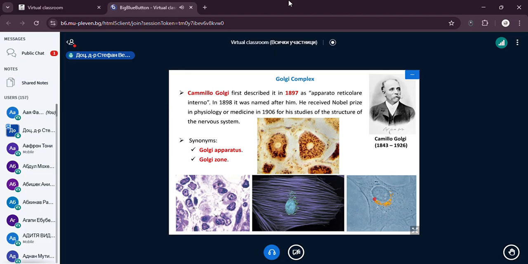Again, we see the Golgi apparatus here close to the nucleus.